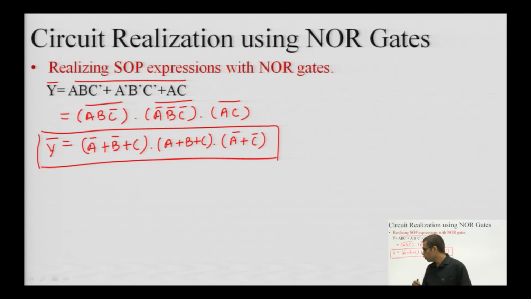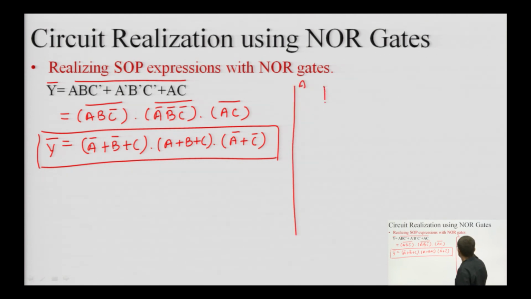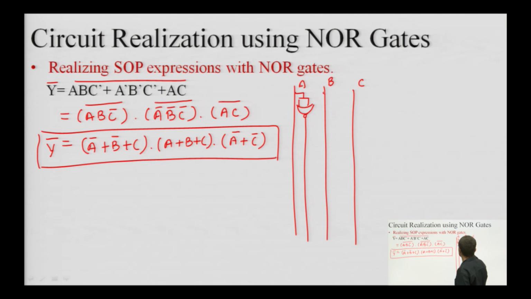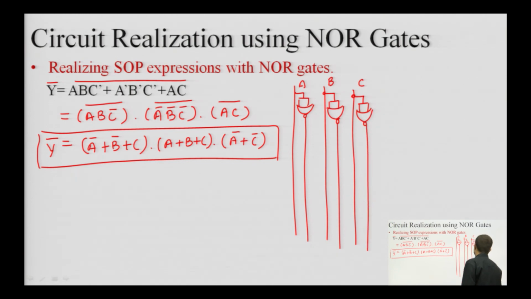Okay. So, all these gates are to be replaced by NOR gates, and these NOT are also to be used in form of NOR only. So, we can realize here. So, if A is there, B is there, C is there, A bar, B bar, C bar.